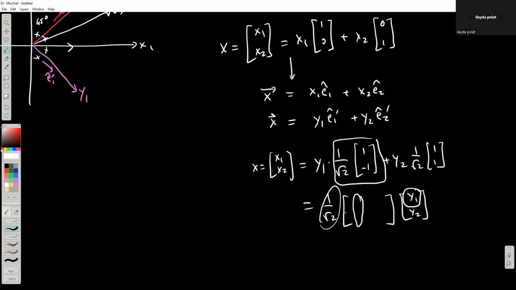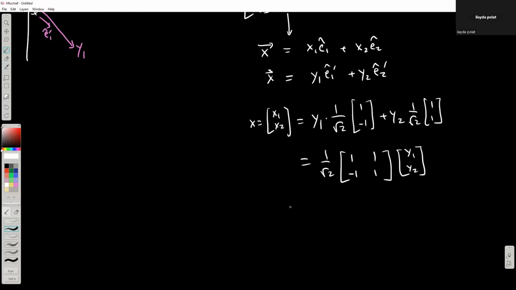I have already written down 1 over root 2 in here, but I just need to write 1 minus 1 in here. Okay. So the first column in here is my first unit vector. And the second column is going to be in here, right? The second column is going to be that unit vector. So you can see that this expression therefore corresponds to that matrix.